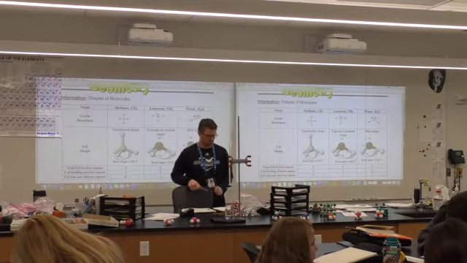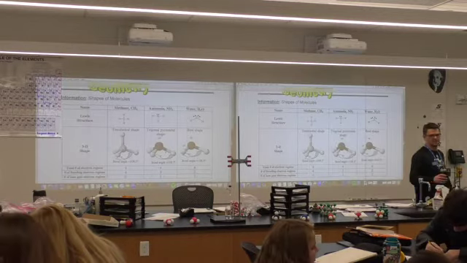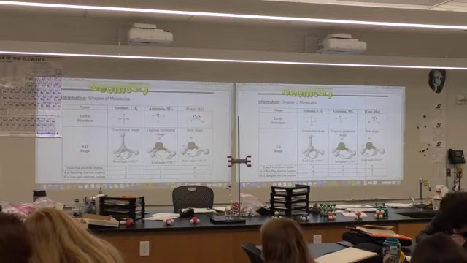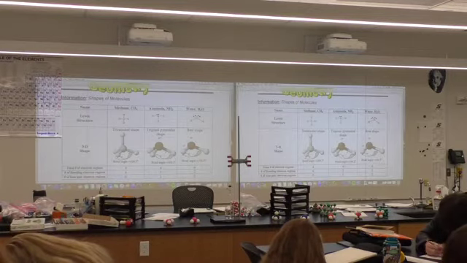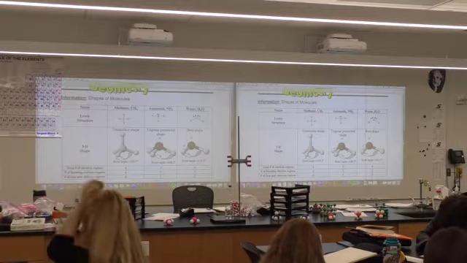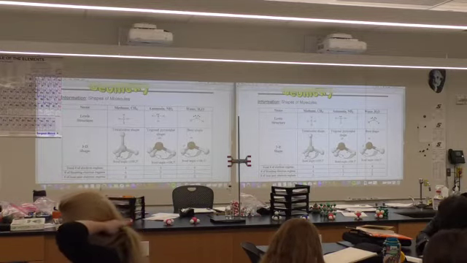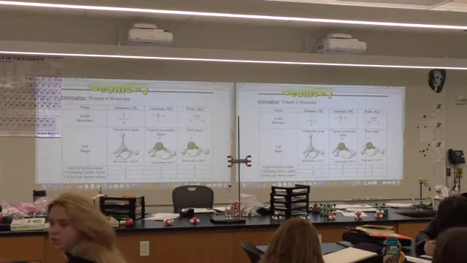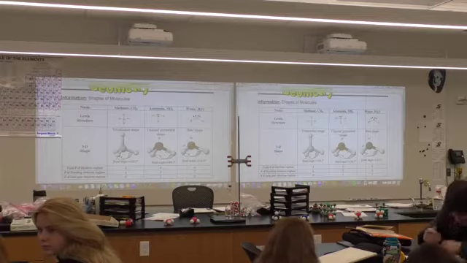I need total electrons. So 6 plus 12 plus 5 is 17, 18. So there needs to be a double bond. How do you know it needs to be a double bond?